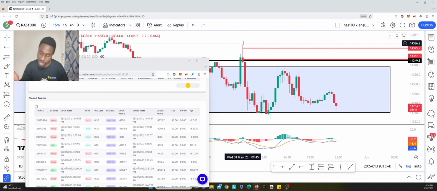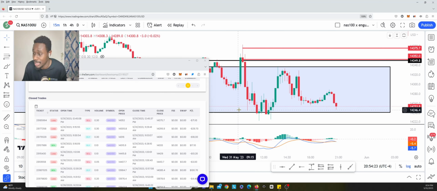That's a 3-to-1 risk reward. So I'm risking one position to make 3 times that position, and it would have actually hit. So it would have been a good trade.